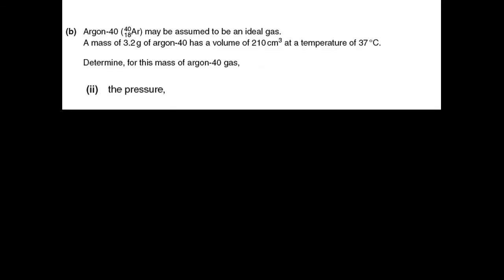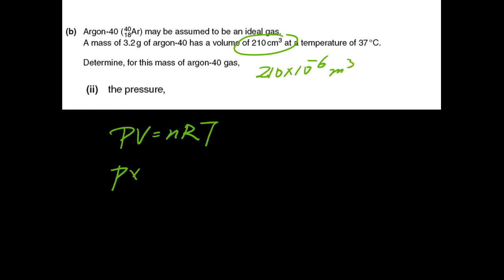Determine for this mass of argon 40 gas the pressure. It is ideal gas, so we have PV equals nRT. So we need to convert non-SI unit into SI unit here. The volume is 210 cubic centimeters. That is 210 times 10 to minus 6 cubic meter. And the temperature is 37 degrees Celsius.